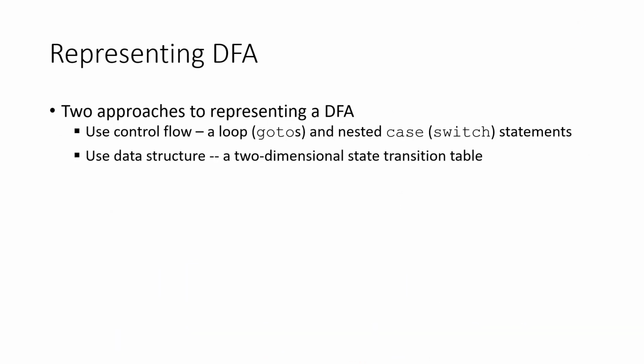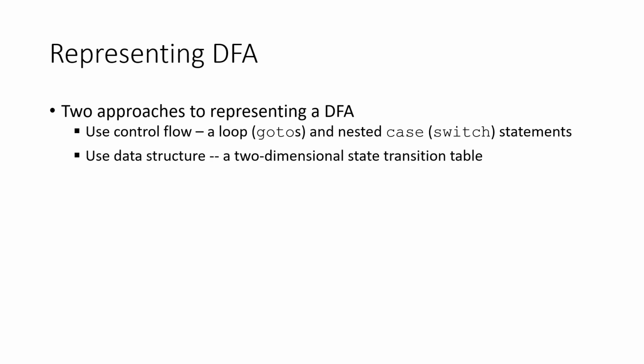We can represent the DFA for a scanner in either of two main ways. One embeds the automaton in the control flow of the program using a loop via the go statements and the nested case statements, which is part of the switch statement in the C, C++ or Java languages.